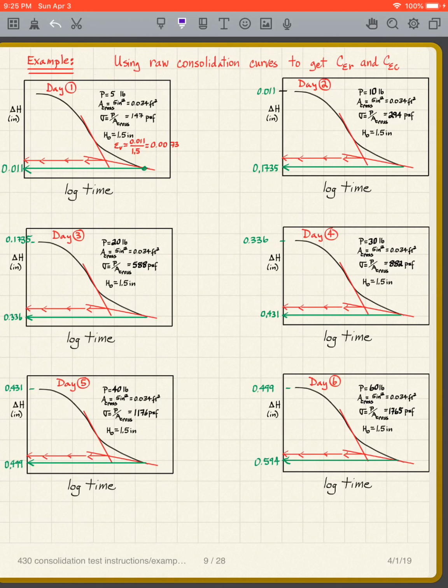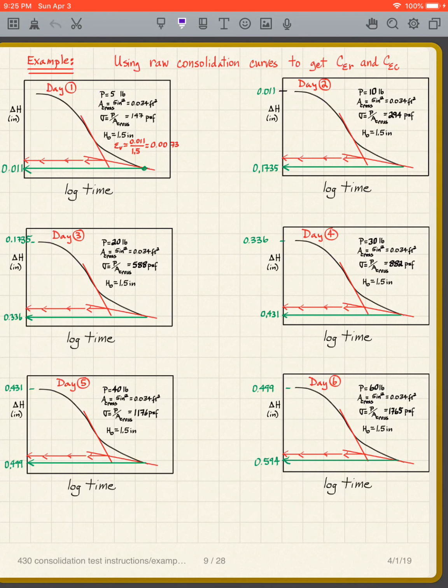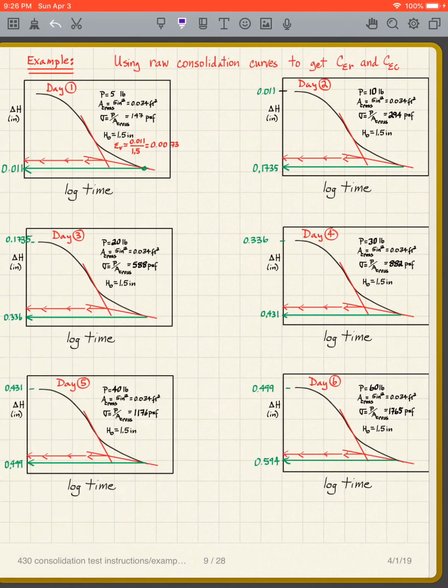So I created a completely different set of data. We're going to get completely different results, and I've simplified it. Here's my day 1, day 2, day 3, day 4, day 5, day 6. On the next page, day 7, day 8, day 9, day 10, day 11, day 12. I just didn't do them all on different pages, I'm trying to save space here.